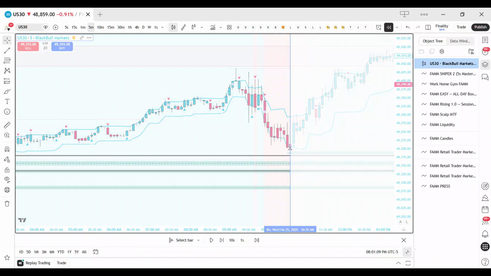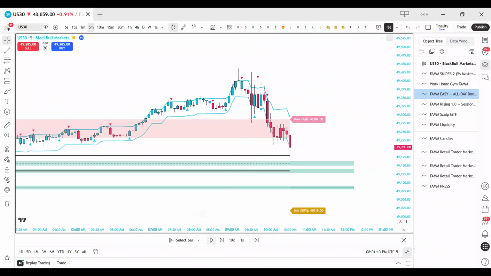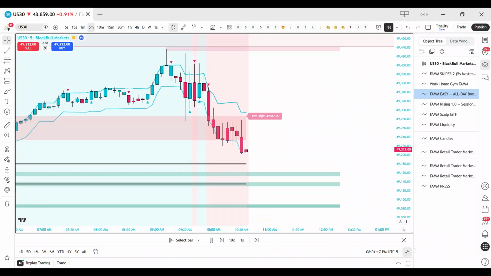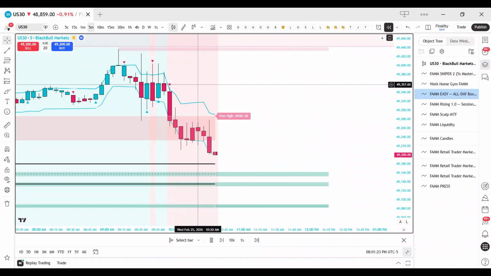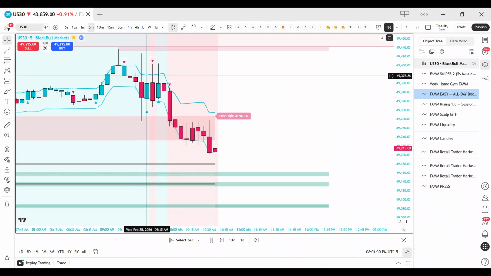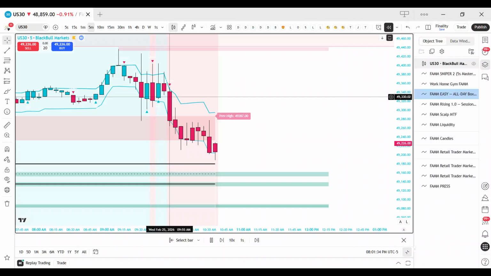But this is telling you where those levels are, where most of these stop losses are that they're going to target so that they can move the market to where they're trying to go. Okay, so back to the background. Pink, sell, blue, buy, right?